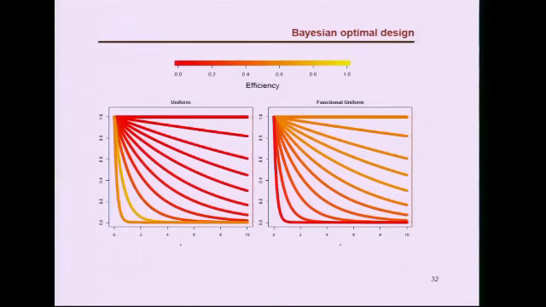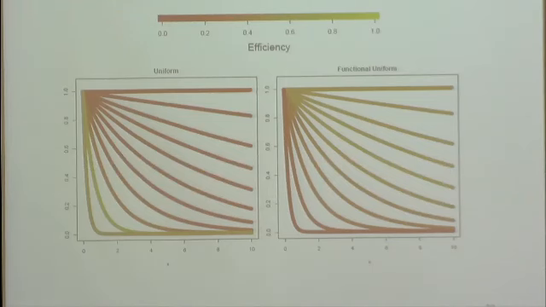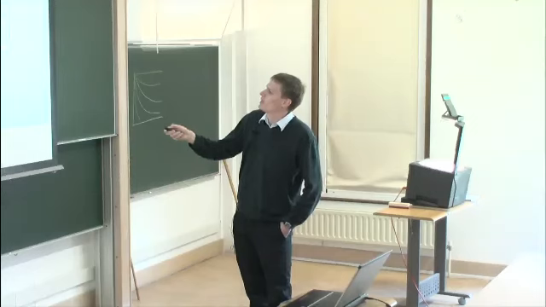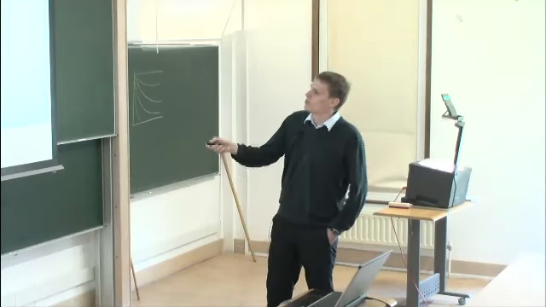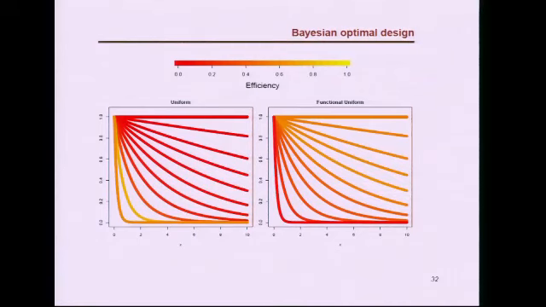I think here the efficiency is maybe 0.9, whereas the functional uniform prior distribution performs well up to here maybe. Actually, I was a little bit disappointed yesterday when I calculated this. So the performance really deteriorated in this region. I hoped it would look a little bit uniformly good, but this was not the case, obviously. But still, I think it's performing quite well for most of the shapes, whereas the uniform prior distribution only works well in this region.